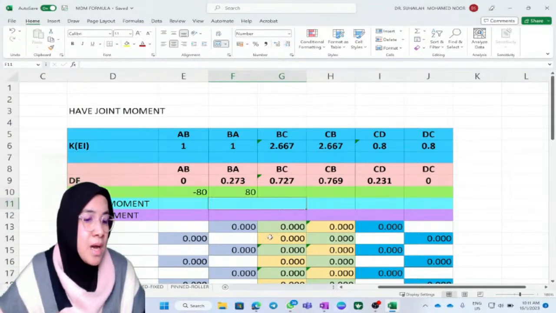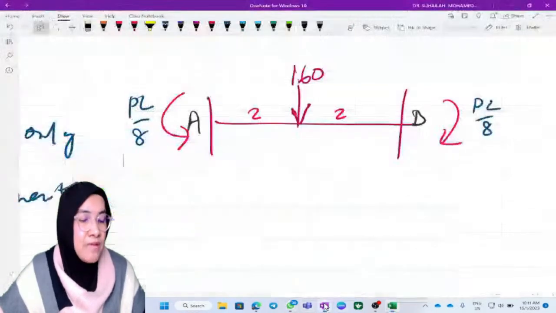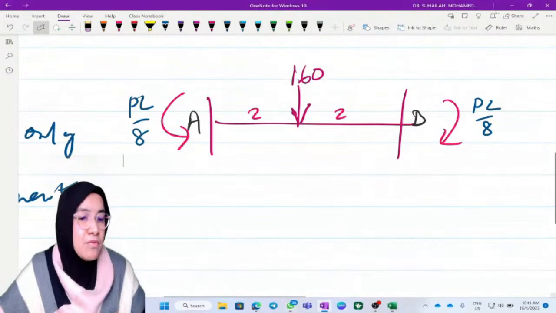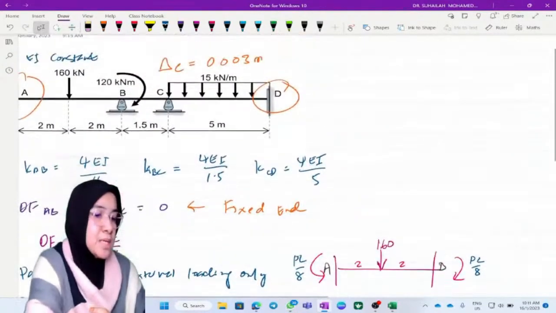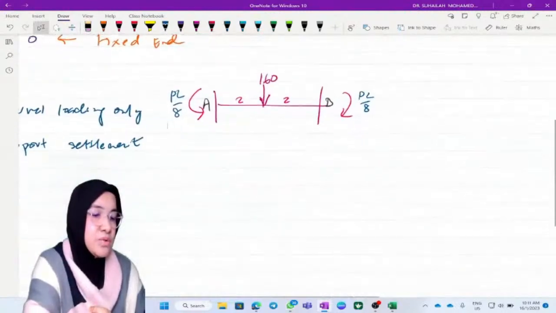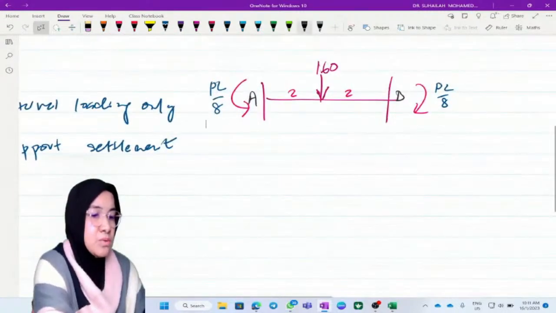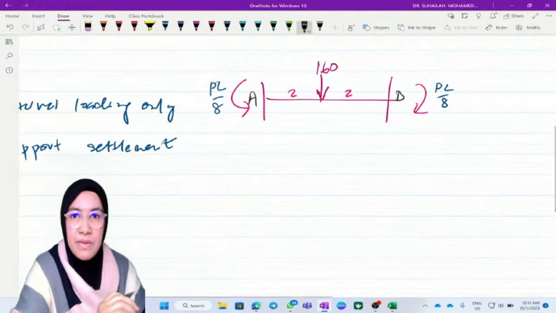BC doesn't have external loading. We have a UDL for member CD. For a UDL, we use the formula to calculate the fixed end moment.